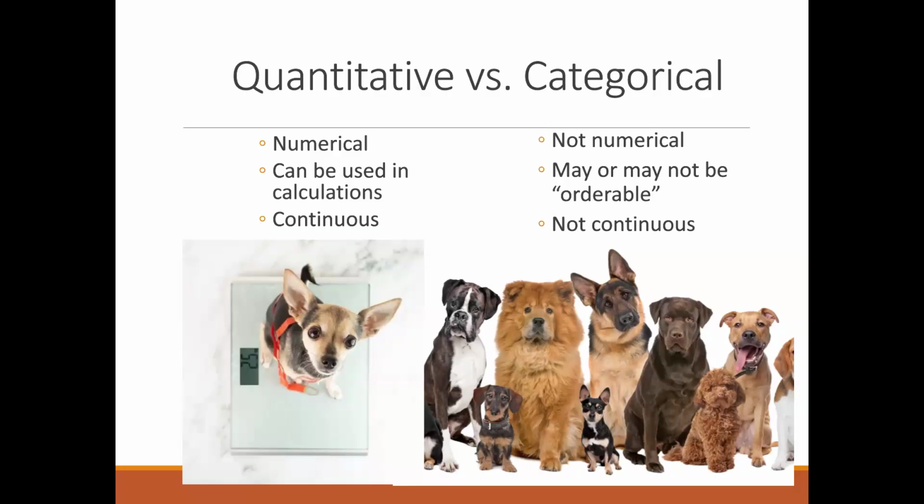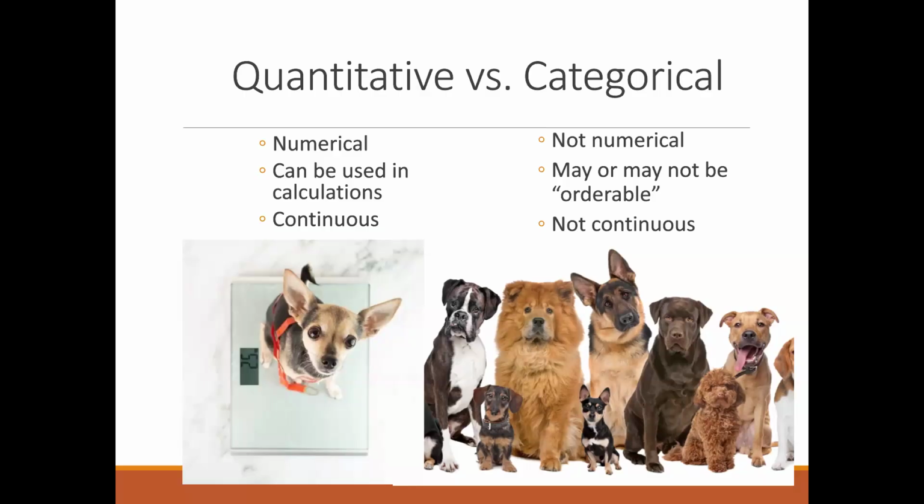It could be 25.30796 if we had a precise enough scale. So continuous means that it could take on any value that's possible using the measuring instrument that we have. And most of the things you think about as measurements we take on an individual, your dog's weight, its height, values of its concentration of different solutes in a blood sample, those are all quantitative.